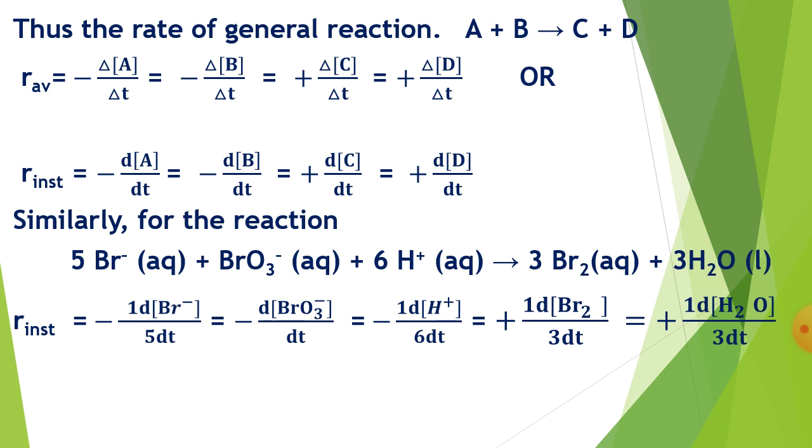So we can write the rate like this: minus 1 by 5 d[Br minus] by dt equals minus d[BrO3 minus] by dt equals minus 1 by 6 d[H plus] by dt equals plus 1 by 3 d[Br2] by dt equals plus 1 by 3 d[water] by dt. A square bracket indicates the molar concentration, that is molarity, moles per liter.